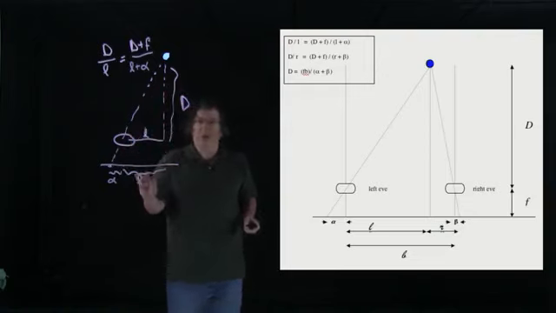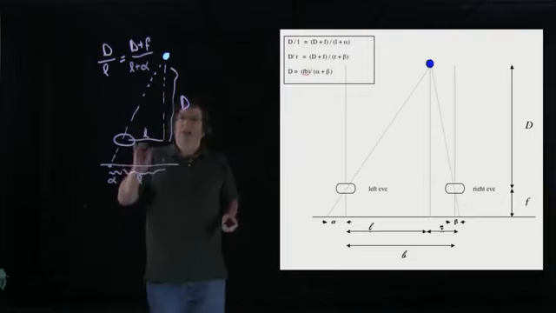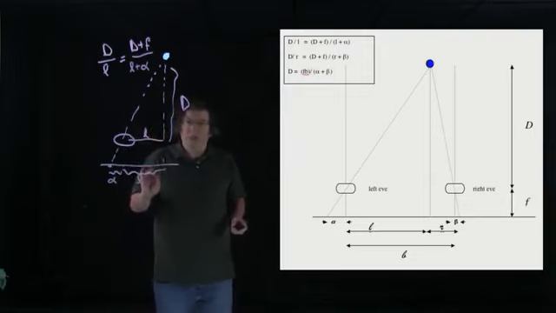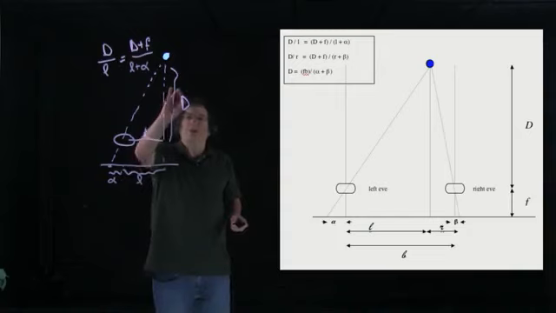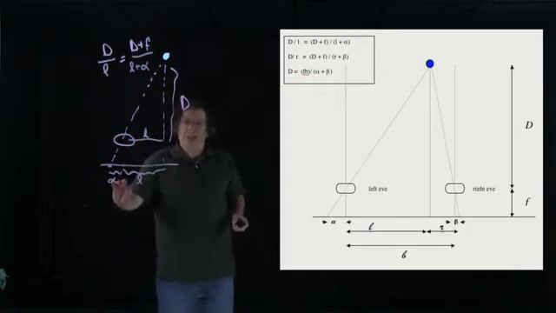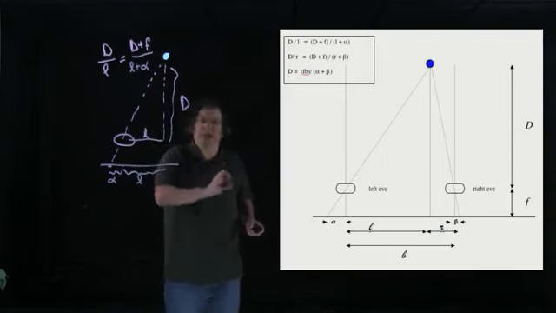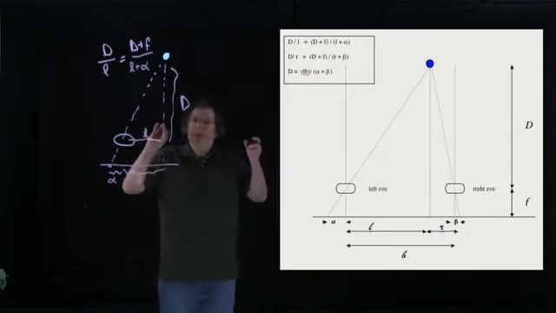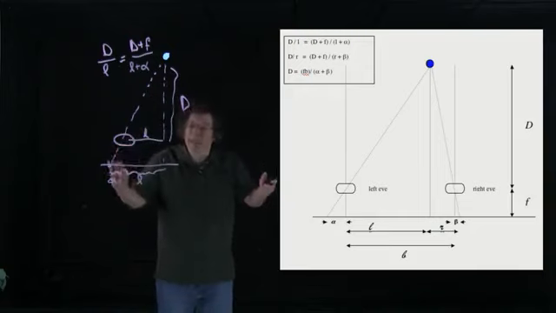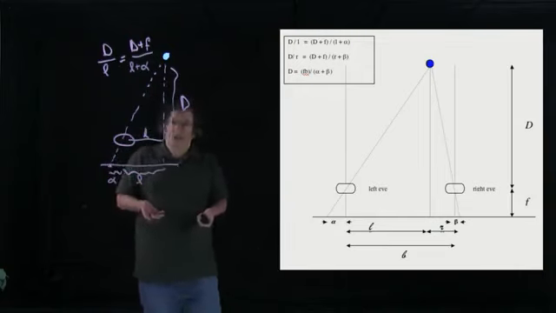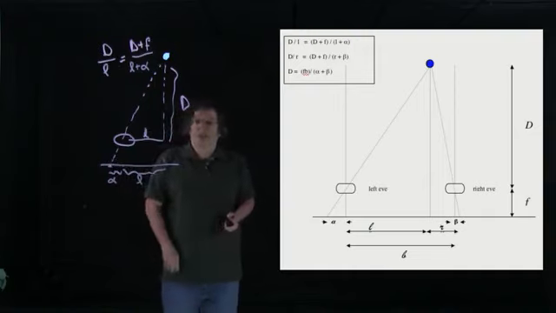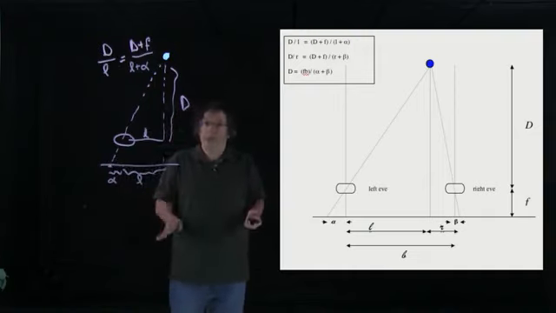That was the way we posed the problem. And in order to solve that problem, we noted where the blue dot projected onto the left retina and where the blue dot projected onto the right retina. And we used those two corresponding projections to determine the distance of the object. All well and good.